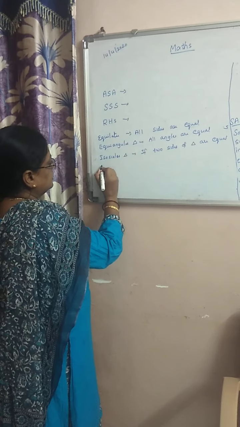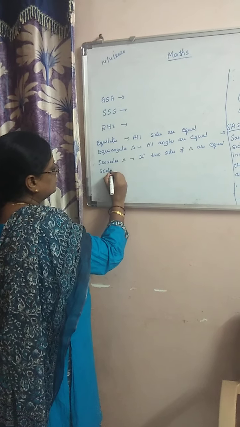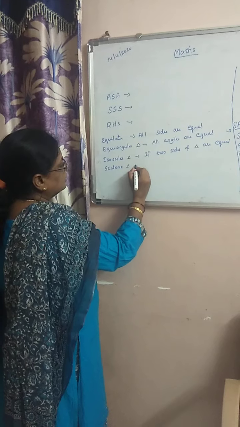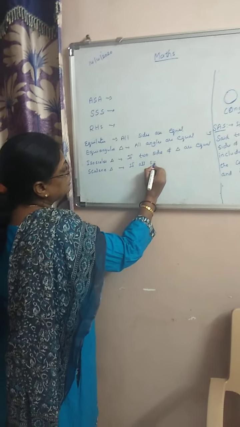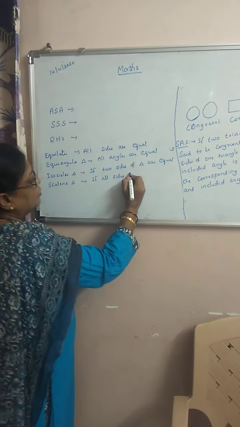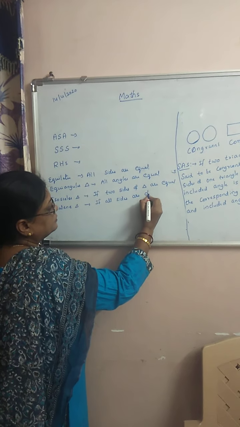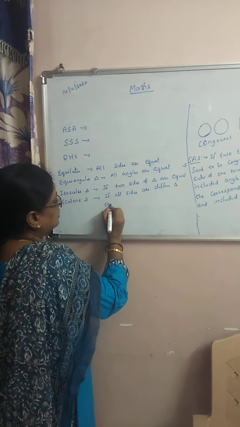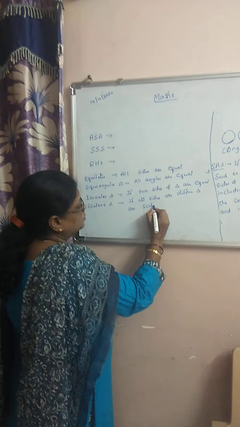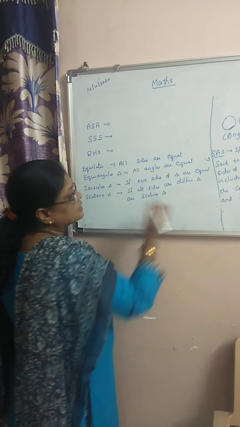Next comes scalene triangle. Scalene triangle, if all sides have different measurements, all sides are different, then the triangles are said to be scalene triangles.